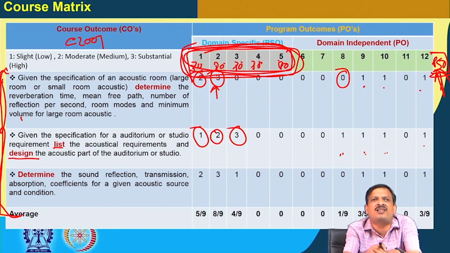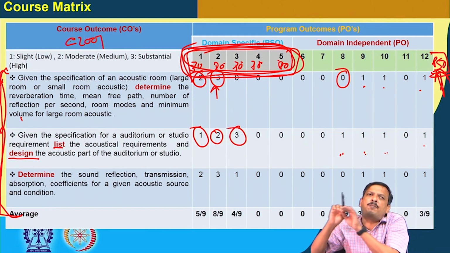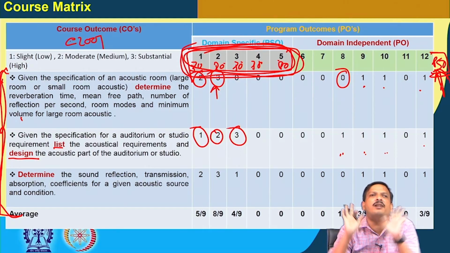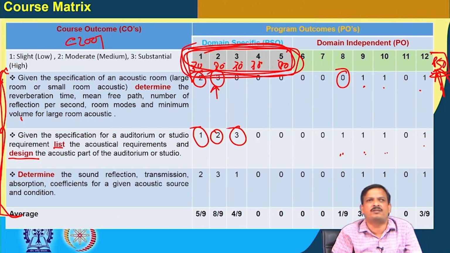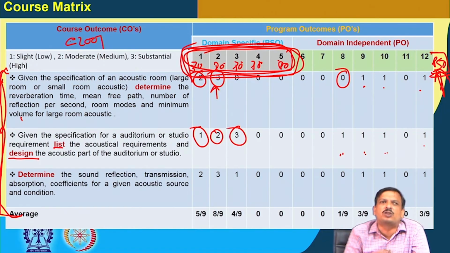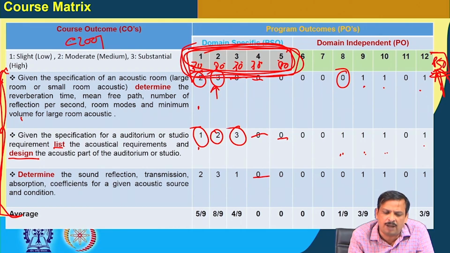Once the course matrix is prepared, you have to decide whether this course matrix contributes to the program or not. That is called development of the program matrix. So, let us develop this course matrix. If all those 3 are 0, instead you can make it a dash, because if it is a dash then it will not contribute to the average.